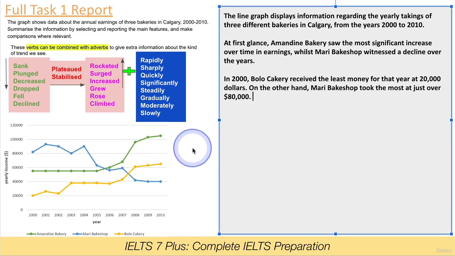2003, Bolo Cakery increased from 2002 to 2003. Bolo Cakery, we could say rapidly increased, or we've used increased, I think, rapidly grew in income.